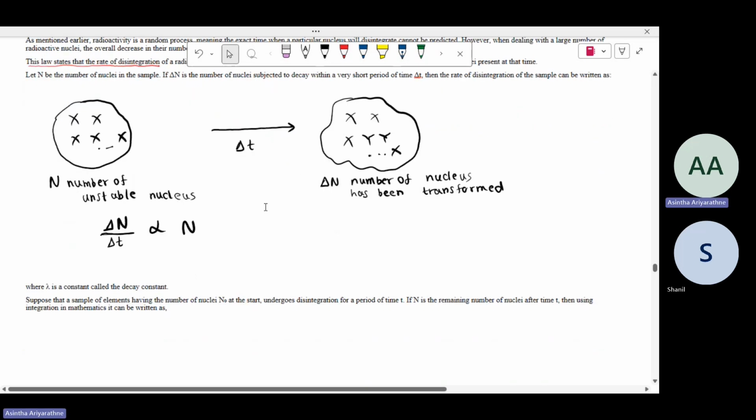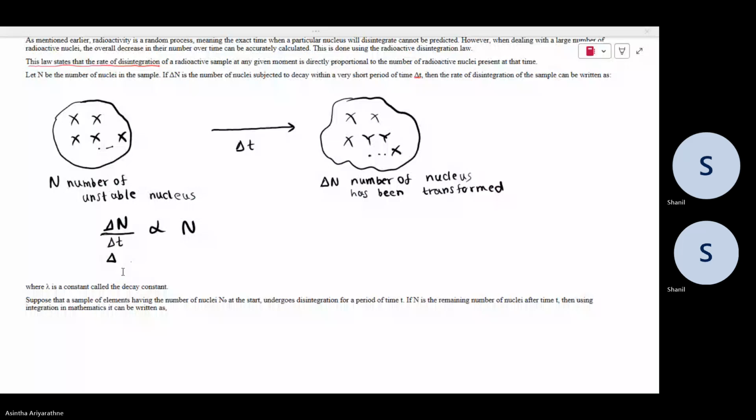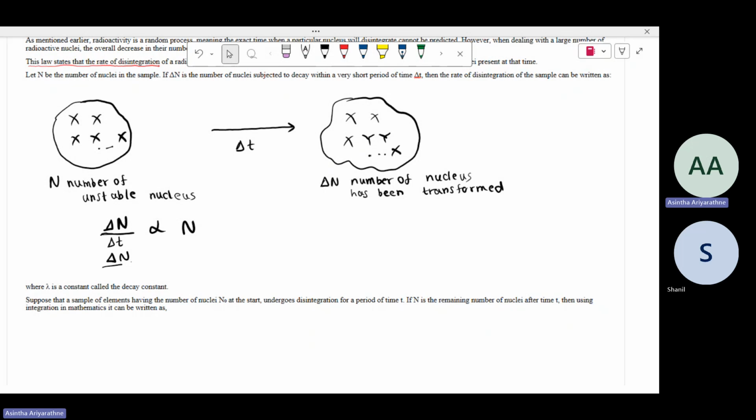So delta n over delta t is proportional to lambda n.